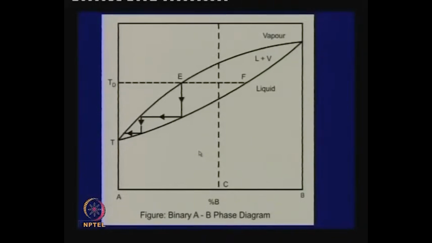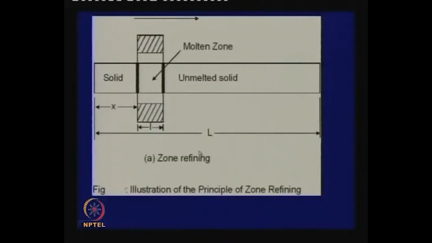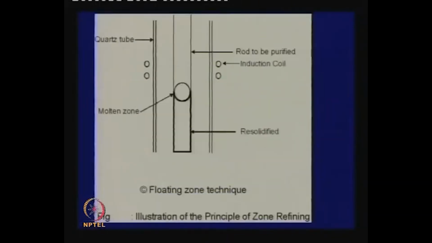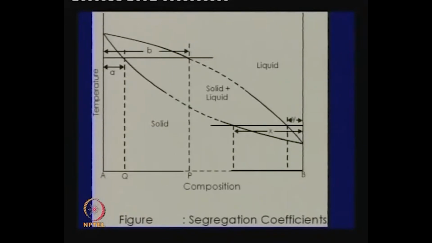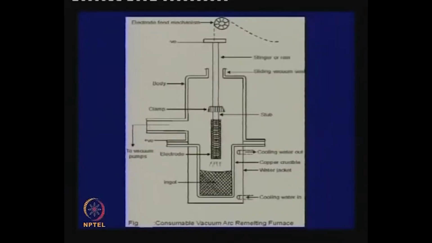We have talked about vapor liquid equilibrium, we have talked about zone refining. I have talked about these things in a very cursory manner, because they are given in books: arc melting, electron beam melting, electroslag refining. These things one has to read up.